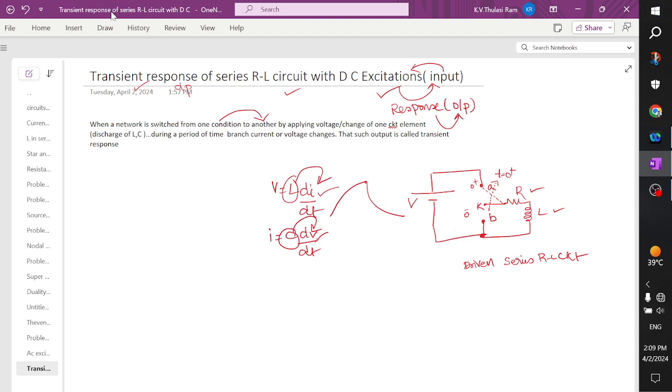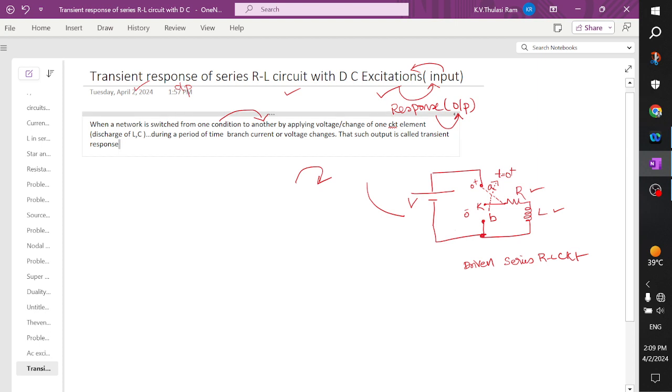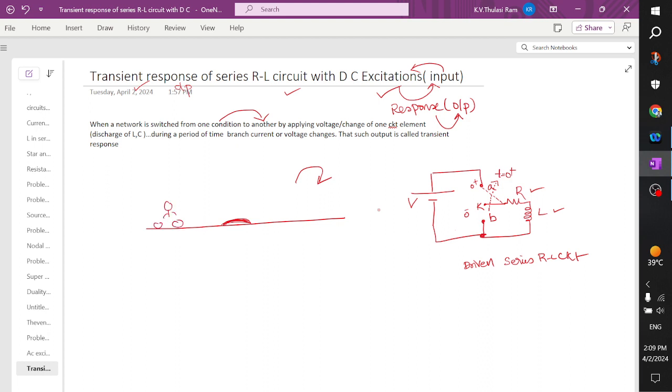For the time being, let's understand what is meant by a transient with a simple example. Suppose you are moving on a smooth road and you come across a road crossing or some bumps, whether on a two wheeler or four wheeler.